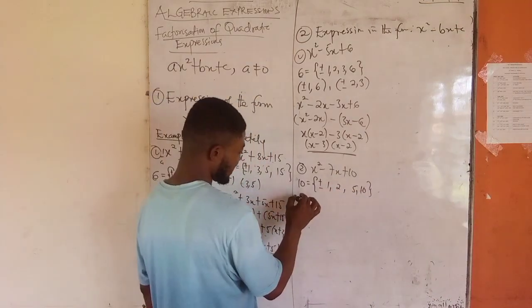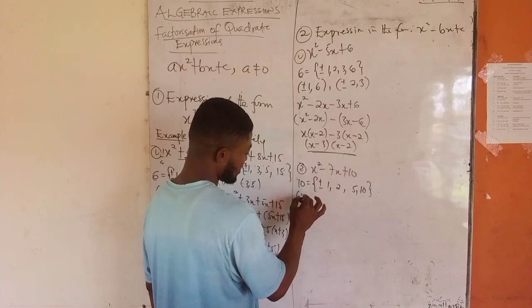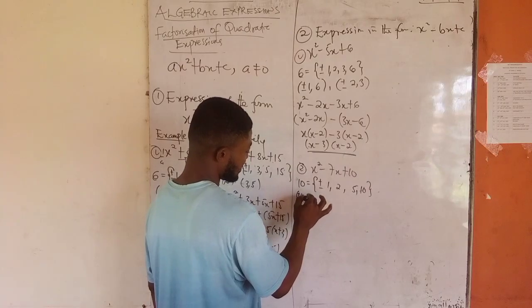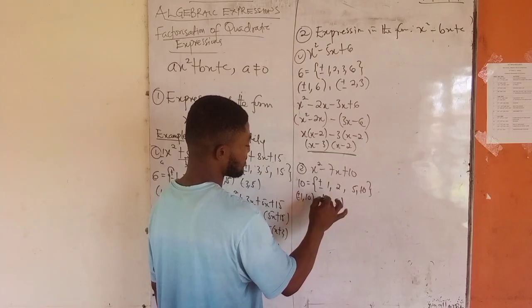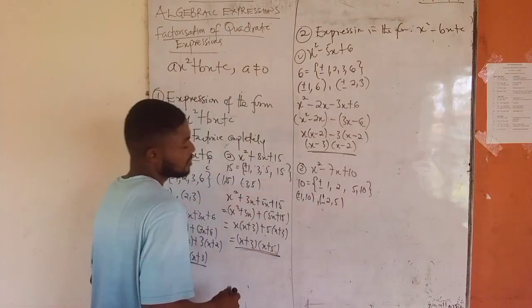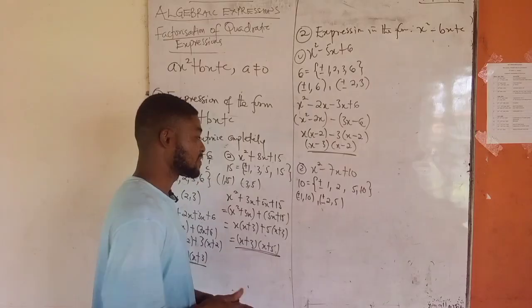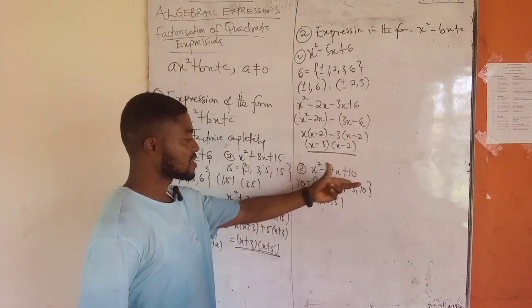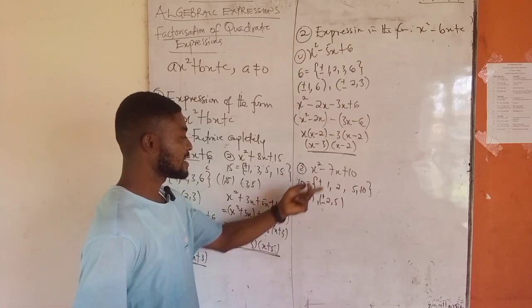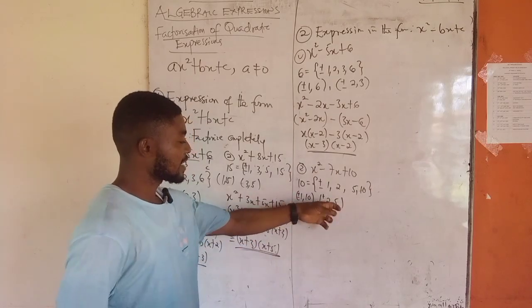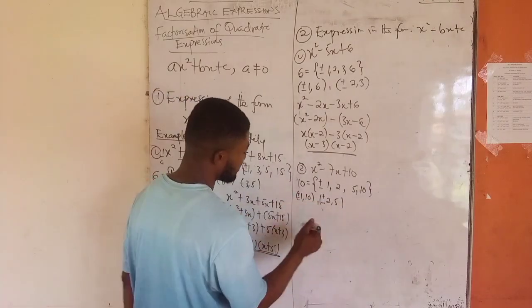I want 2 of these factors such that when I add I get negative 7, and when I multiply I get 10. Negative 1 plus negative 10 is negative 11. So this is ruled out. We'll go with the second pair.